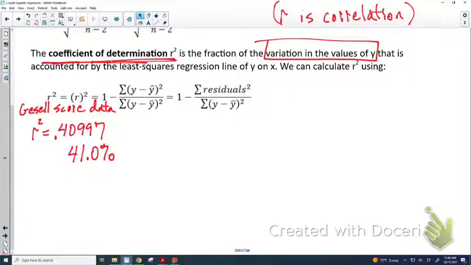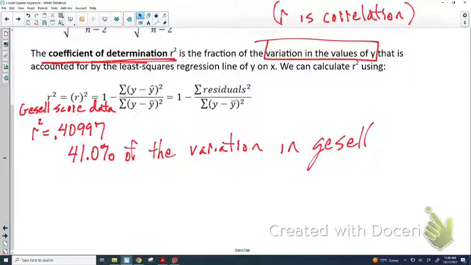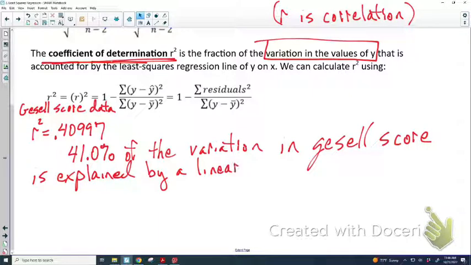I mean, you could say that whole 40.997% of the variation in Gessel's score is explained by a linear relationship with age.